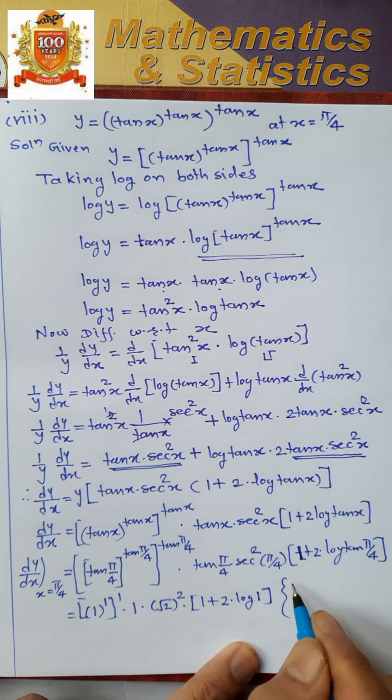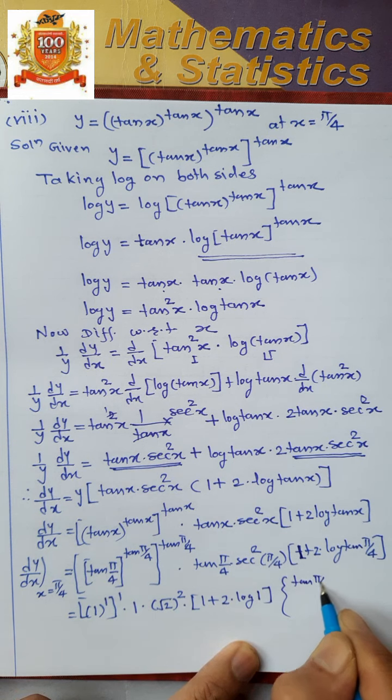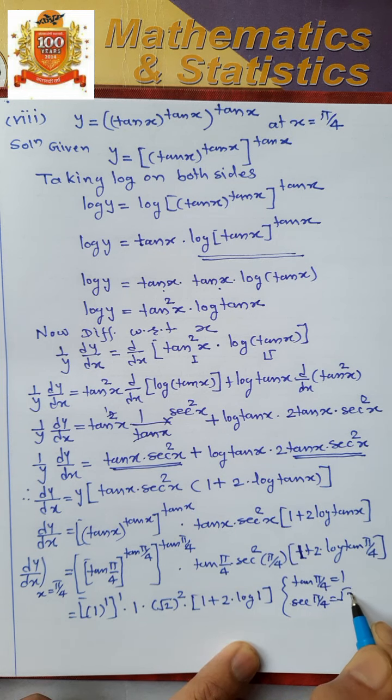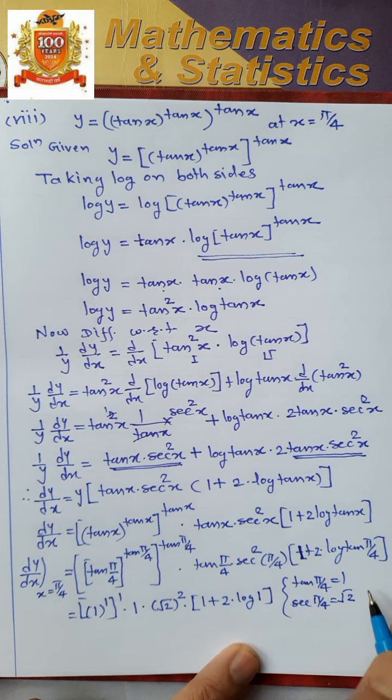Here we can write tan pi by 4 is equal to 1 and sec pi by 4 is equal to root 2. Isn't it?